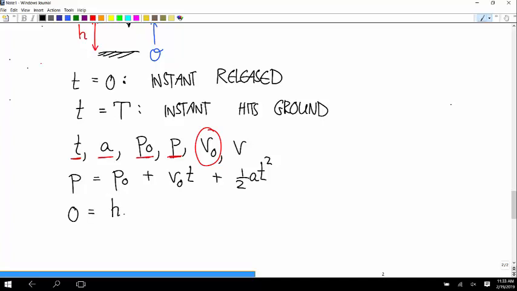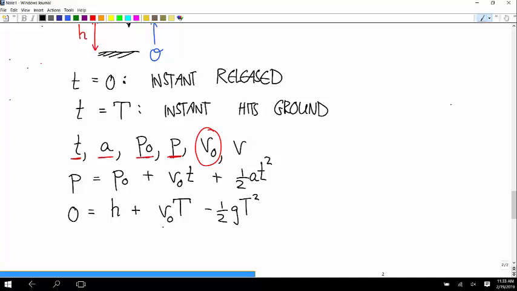P0 is h, plus V0 times the time, which is capital T. The acceleration, it's free fall, so that acceleration is downwards g, so that's negative 1/2 g times T squared.